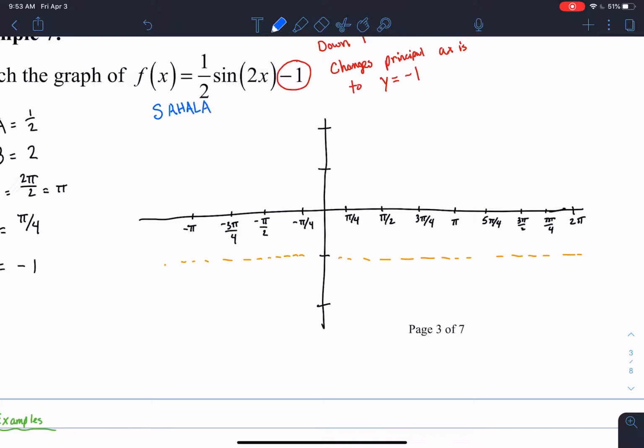Since it's sine, we're going to do the sine pattern. Now instead of starting at 0, I'm actually going to start at -1. So that's my first axis value. Now I'm going to go up by 1/2, and then down back to my axis, my low point, back to my axis.